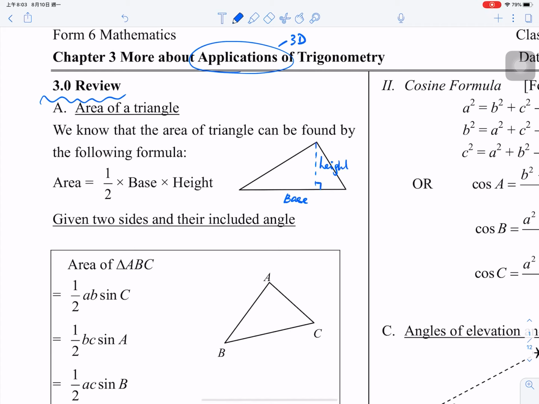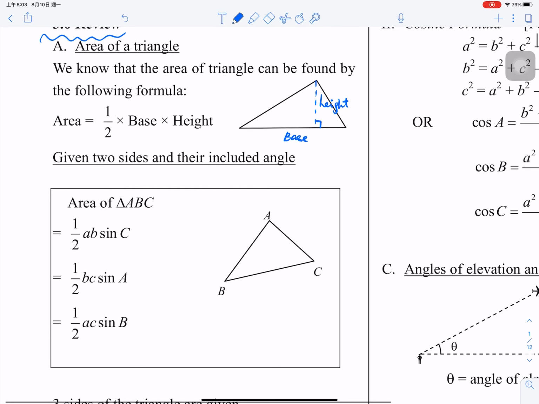So this one is the easiest one. And last year we had another formula for the area of a triangle. Do you remember? For example, this one. The area of a triangle, you can find it by 2 sides and the included angle.